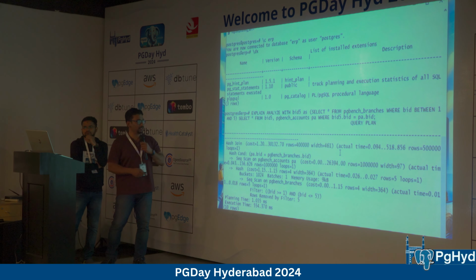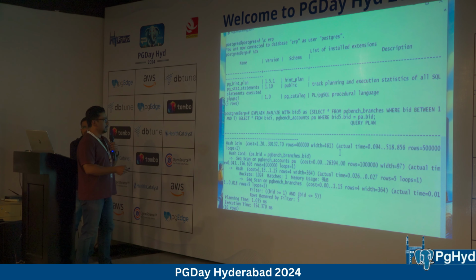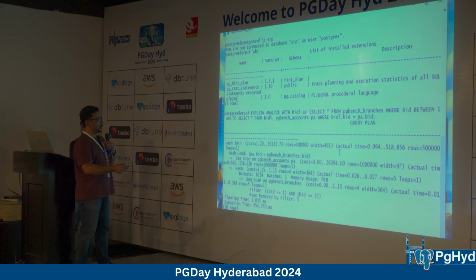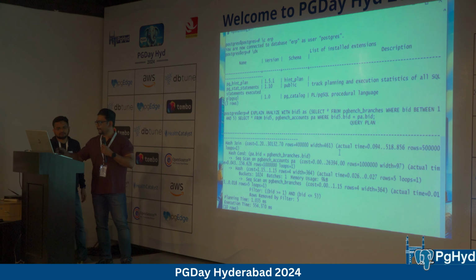So this is a screenshot of the demo. Here we are doing an explain analyze of the select statement, and we see that there is a sequential scan on pgbench_branches.